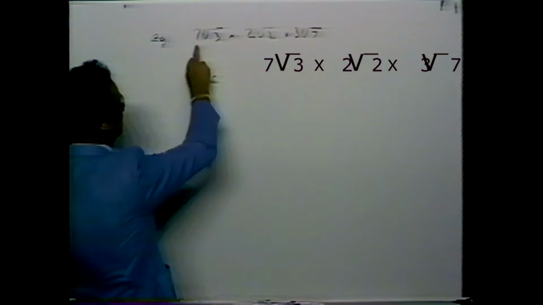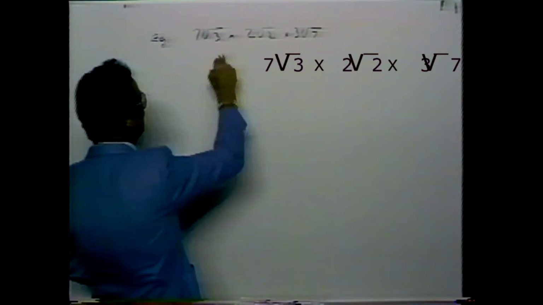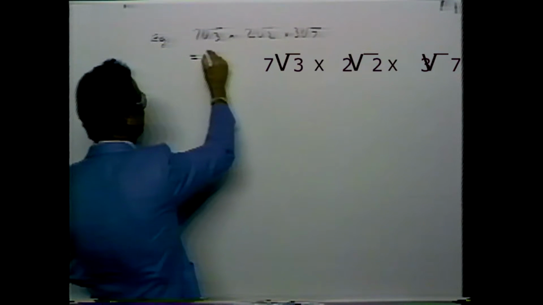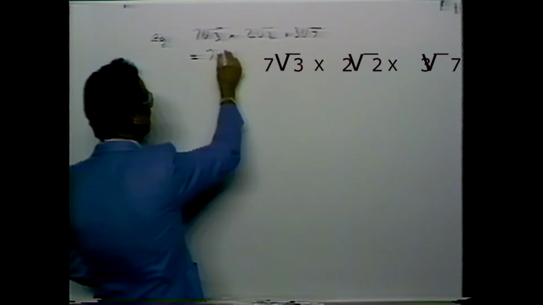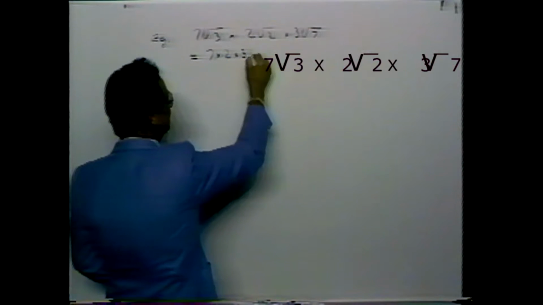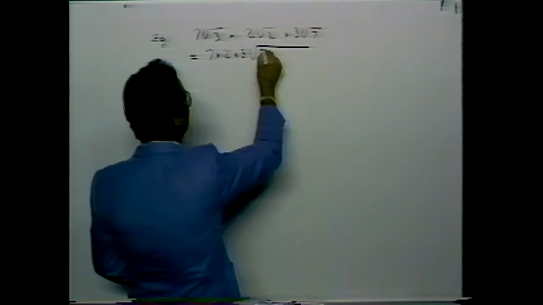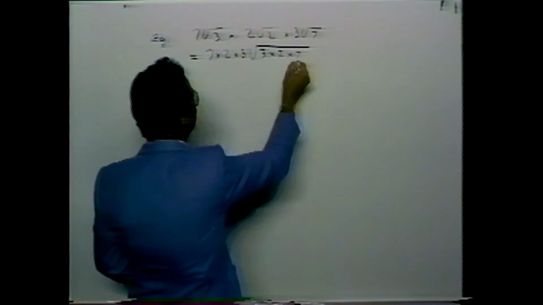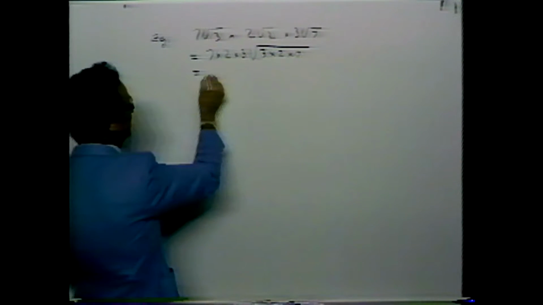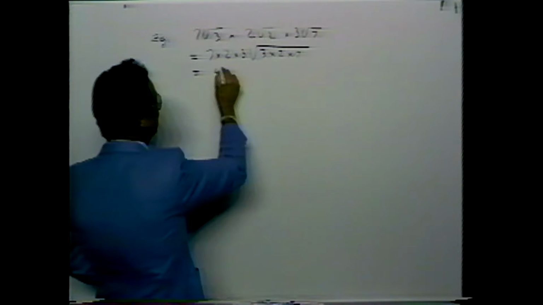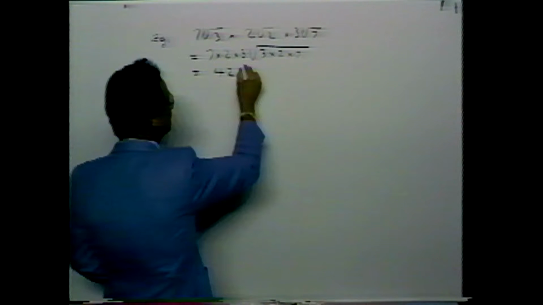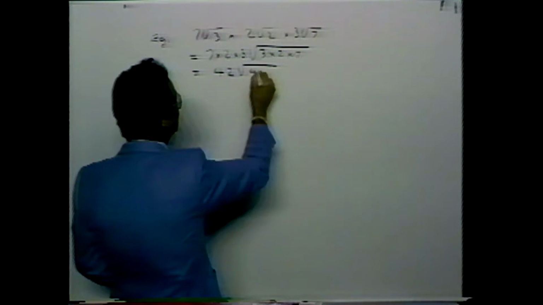Well, we'll take the parts of the factors outside the radicals and treat them separately and look at 7 times 2 times 3. And under the radical, we have 3 times 2 times 7. This then can be simplified, and we can write 42 square root of 42.